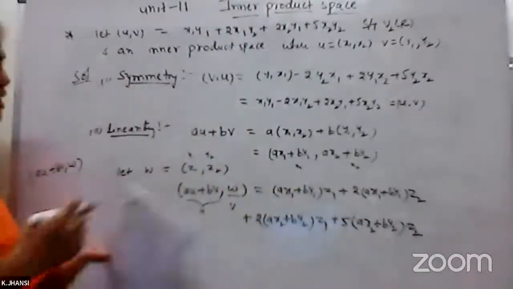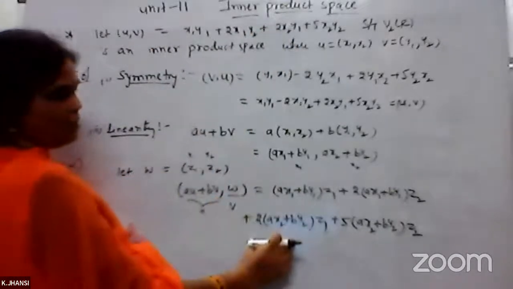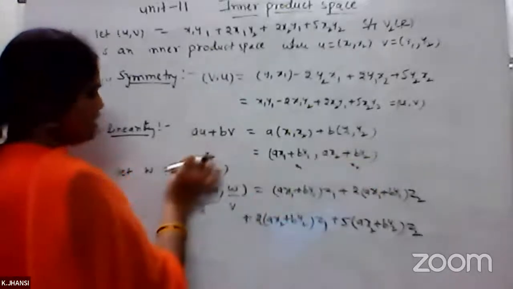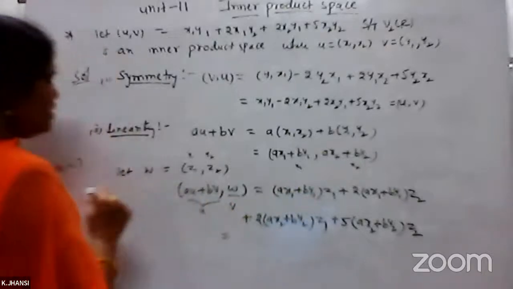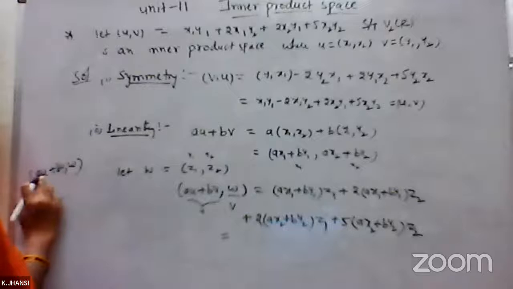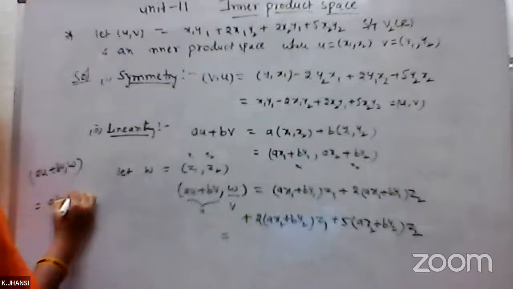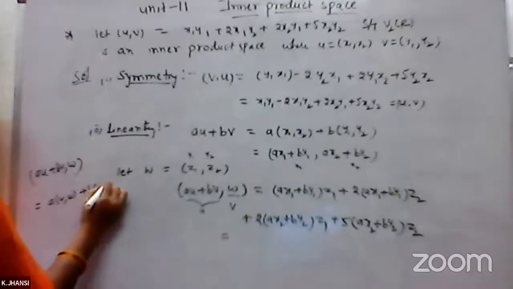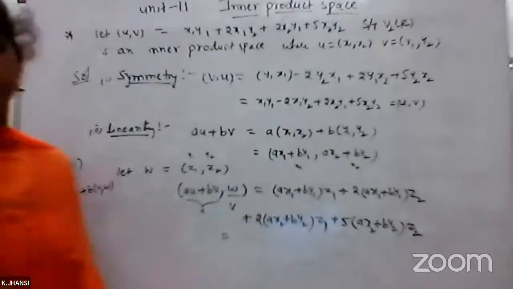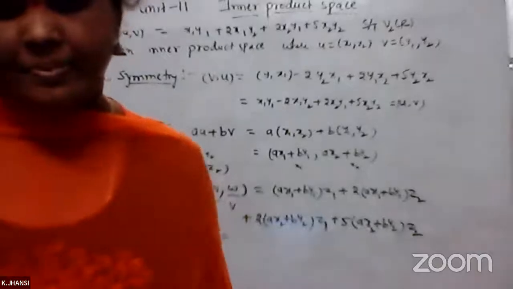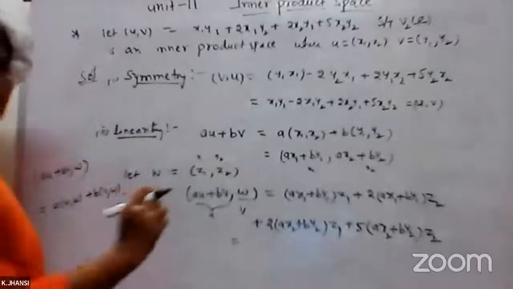Okay, so whatever the given relation is, you have to convert the given linearity into that form. By taking this as x1, x2 and this as y1 and y2, when you substitute, you have to get this. And we know that when you take the linearity au plus bv comma w, we have to get a into u comma w plus b into v comma w. So this relation has to be satisfied.